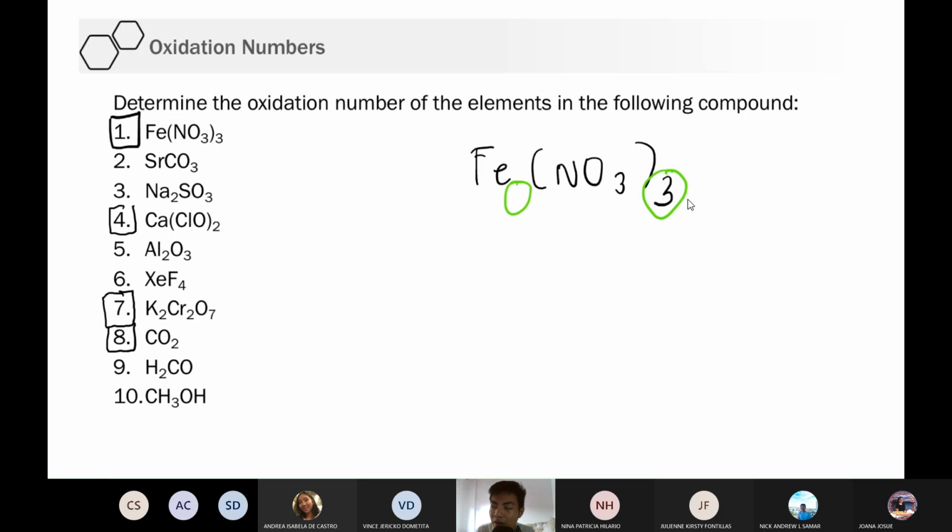This 3 came from iron. Okay? Ibig sabihin, 3 yan. How about the 1 here? Invisible siya pero may 1 dyan. Okay. How about the 1? This came from the anion, the nitrate. Okay. So, ibig sabihin, ito ay 3, ito ay 1.